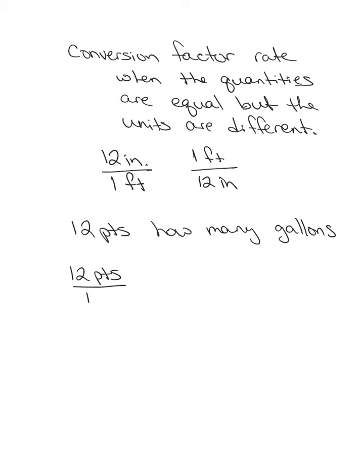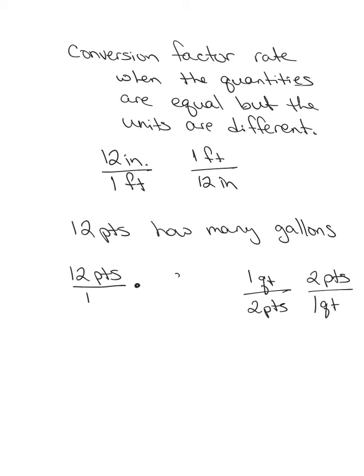We multiply this by a conversion factor. And we're going to use the conversion factor of quarts and pints. So there's 2 pints in every quart. So we could either use 1 quart equals 2 pints, or 2 pints equals 1 quart.